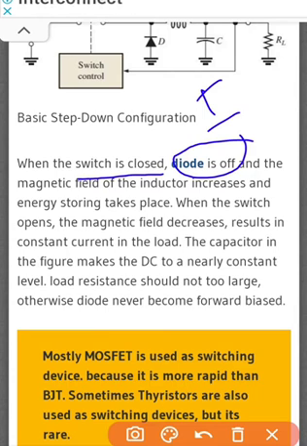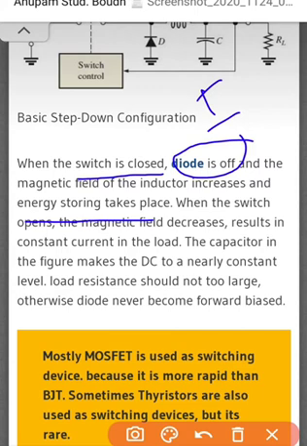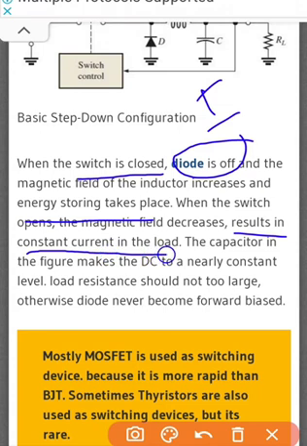As you know from 12th standard, the inductor stores energy, given by half L I squared, where L is the coefficient of self inductance. So it stores energy. When the switch opens, the magnetic field decreases.